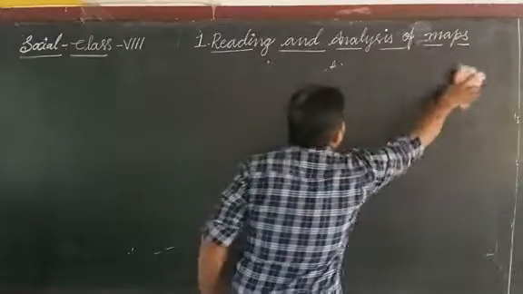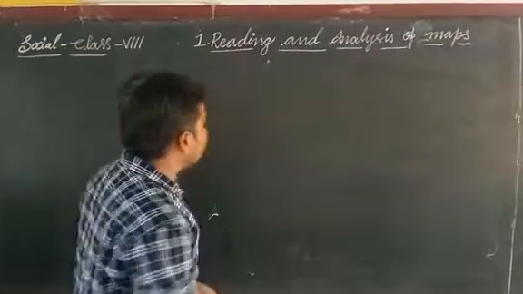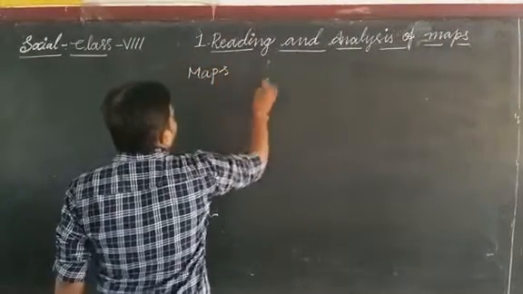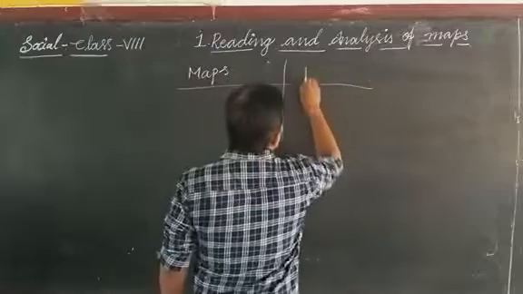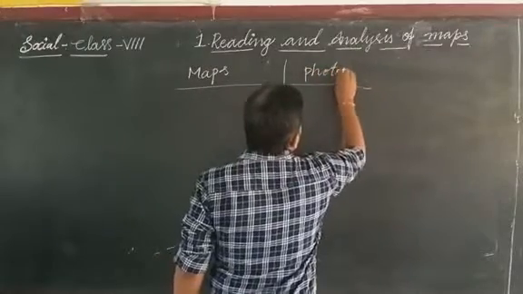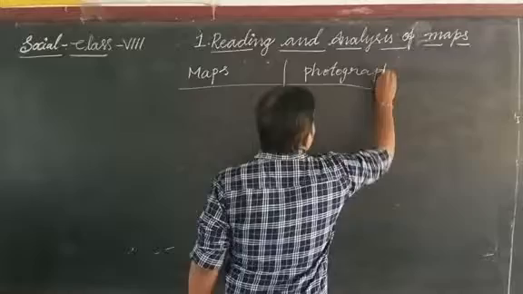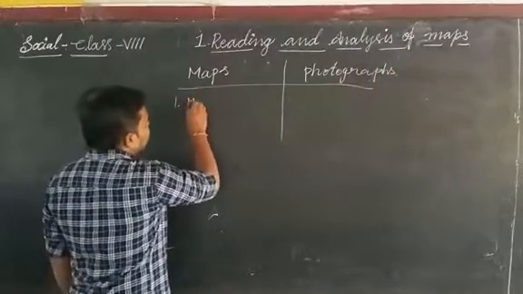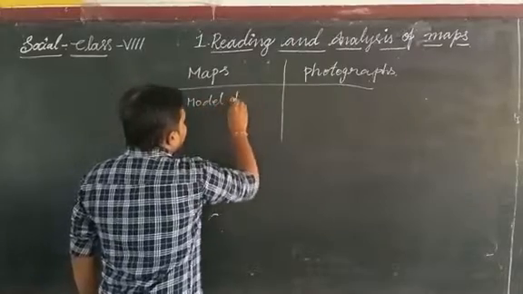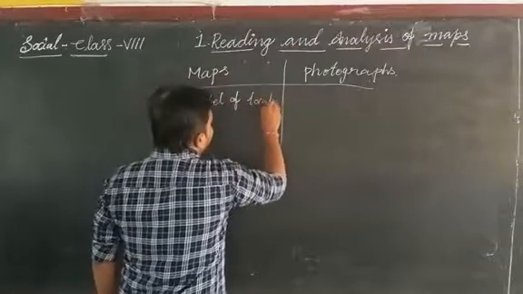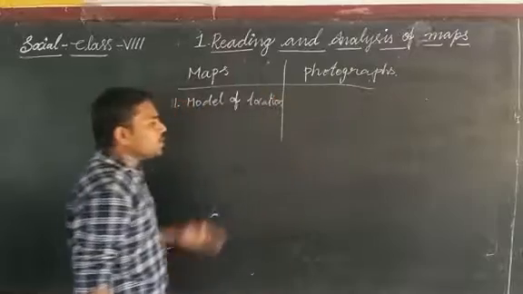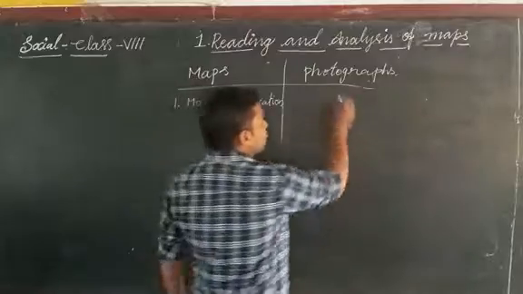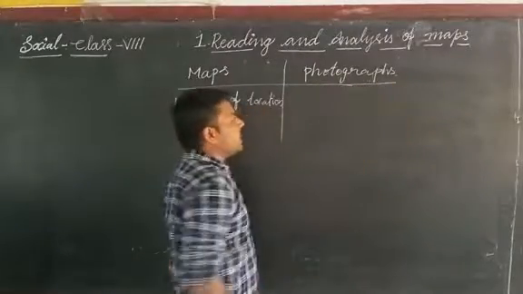Okay, now coming to see the difference between maps and photographs. Simply, maps are the model of a location, which we can show on a plain sheet. Photographs, how can you take photographs?